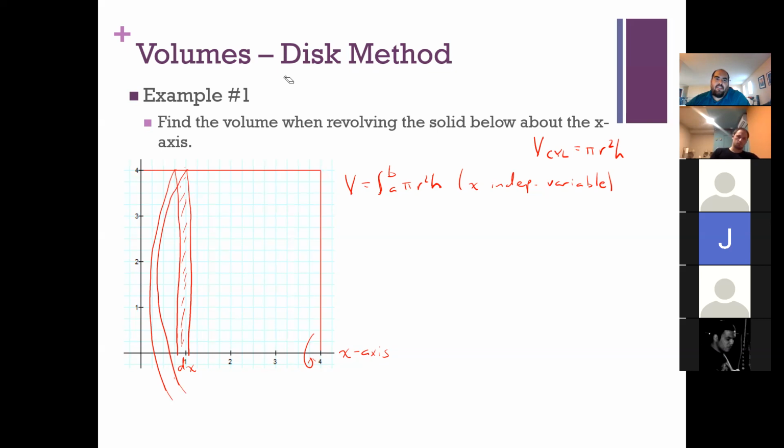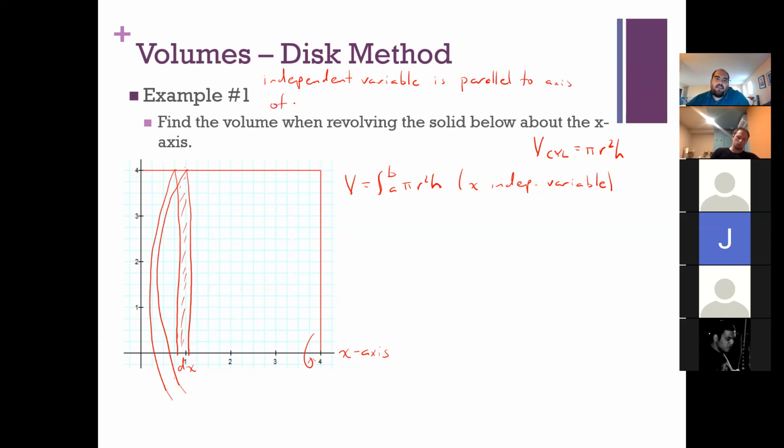So let's try this. The independent variable is, I'm going to say, not equal to the axis of rotation, but parallel to the axis of rotation.